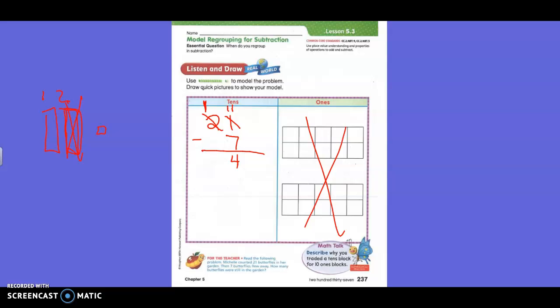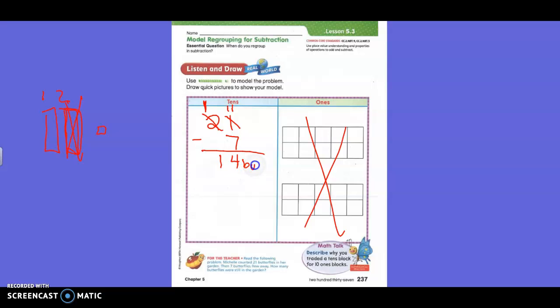Okay, now, what do I do with this 1 by itself? Grayson? I need to put it down there. Yes, bring it down and just put it with this. Okay? Cool. Now, how many butterflies were left in the garden? 14. 14 what? Butterflies.